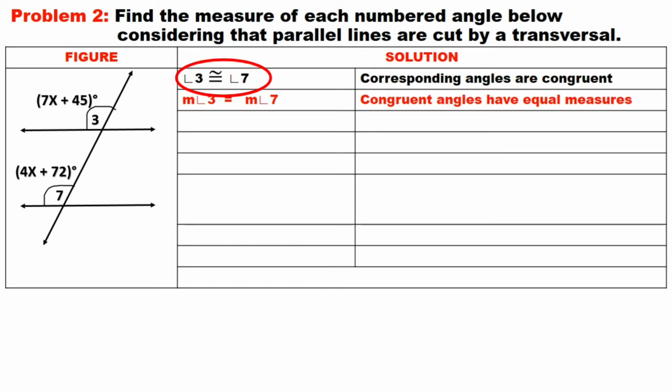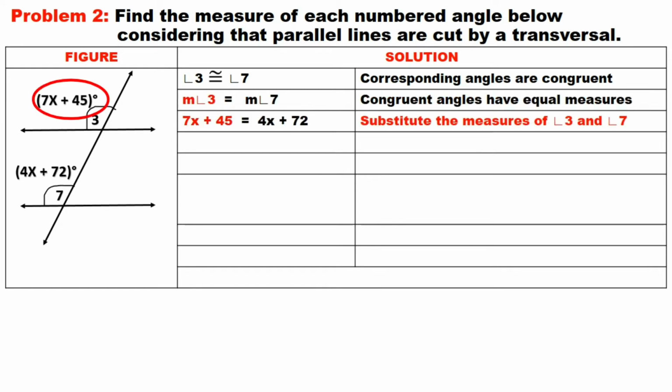If angle 3 is congruent to angle 7, then measure of angle 3 is equal to measure of angle 7 because congruent angles have equal measures. By substitution, measure of angle 3 equals 7x plus 45. Measure of angle 7 equals 4x plus 72.